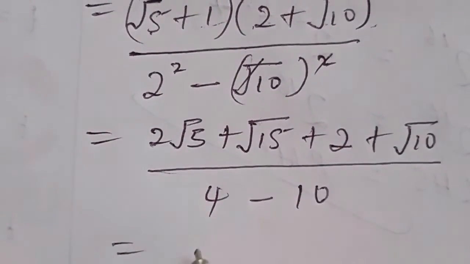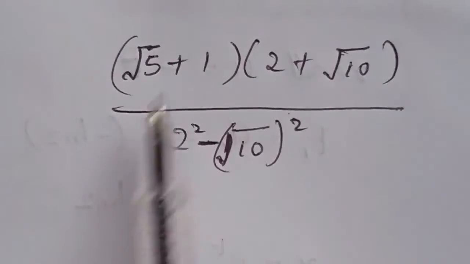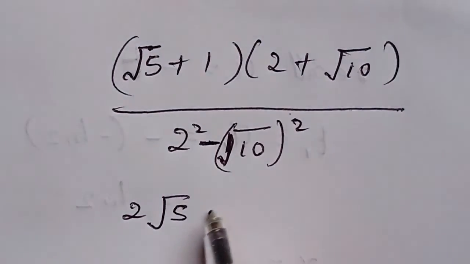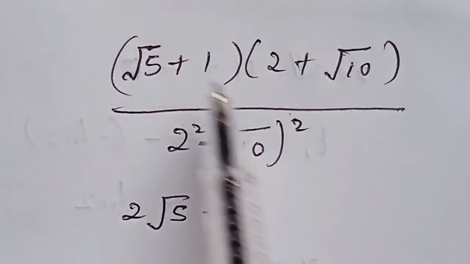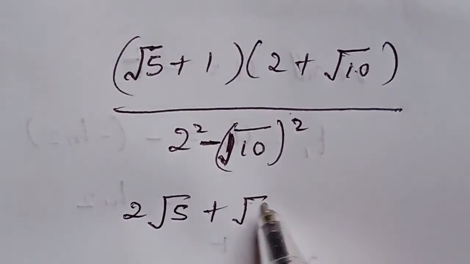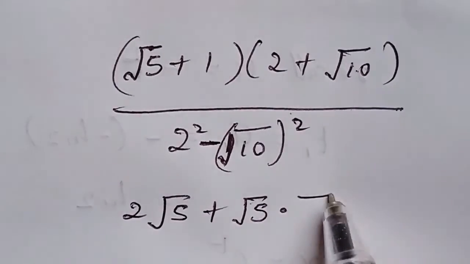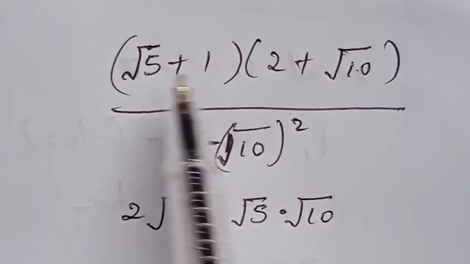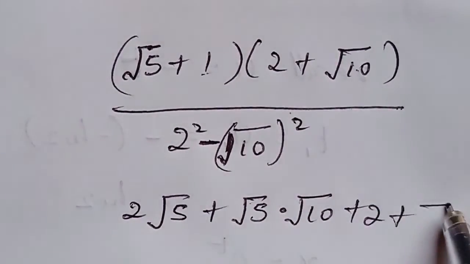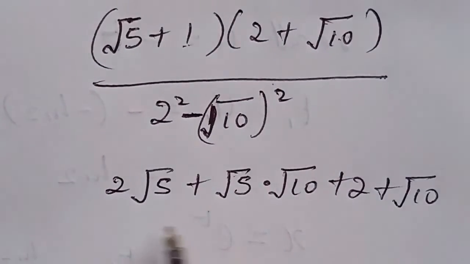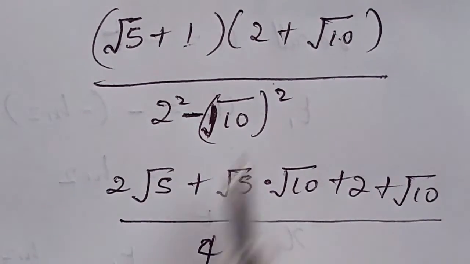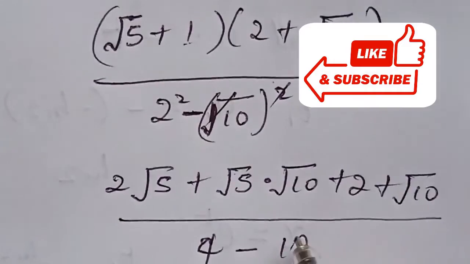So this will now be equal to, the numerator can be expanded as 2 square root of 5 plus square root of 5 multiplied by square root of 10, then 1 multiplied by 2, we have 2, 1 multiplied by this, we have square root of 10, everything over 2 squared, we have 4, minus this cancels out with this, then we have 10.